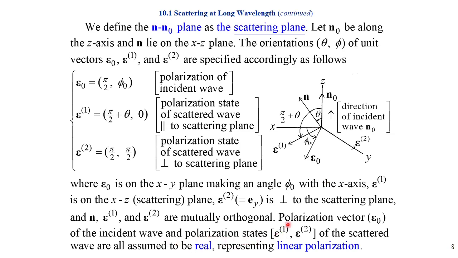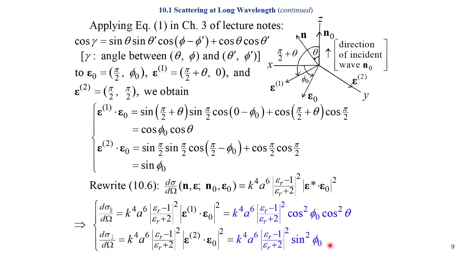The polarization states epsilon 1, epsilon 2 of the scattered wave are all assumed to be real, representing linear polarization. So we can rewrite the notation again, applying equation 1 in chapter 3 of the lecture notes.